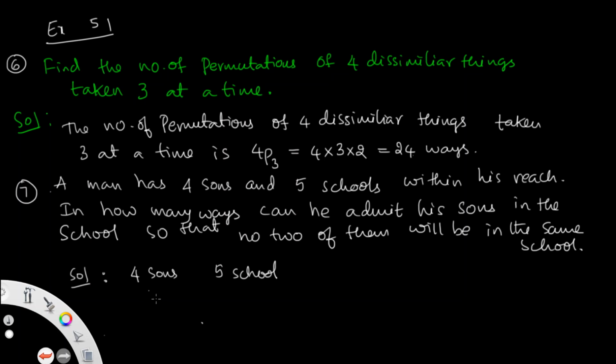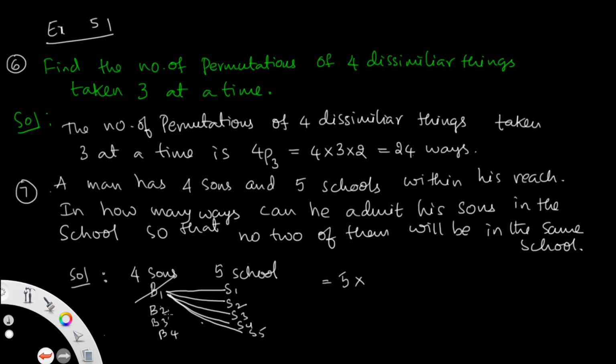So boy 1, boy 2, boy 3 and boy 4. Schools are school 1, school 2, school 3, school 4, school 5. When the first person is admitted to a school, the number of ways is 5, and that person is over.